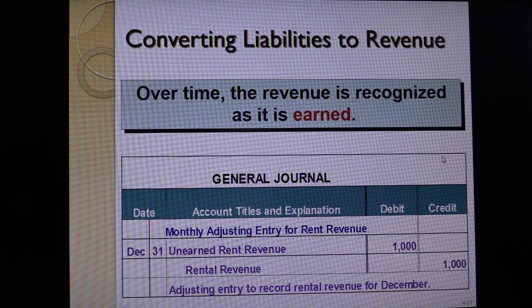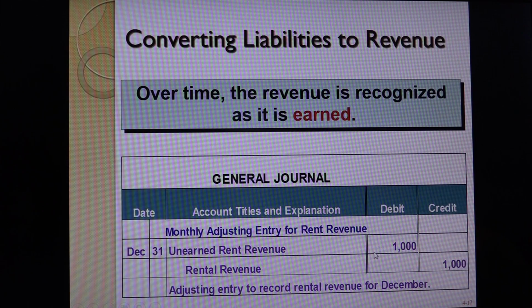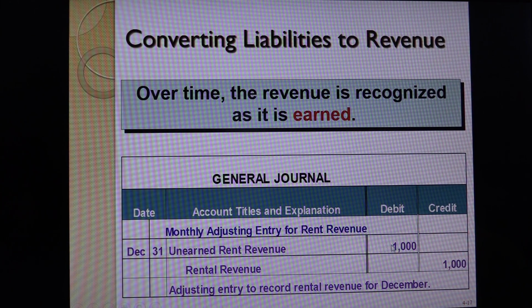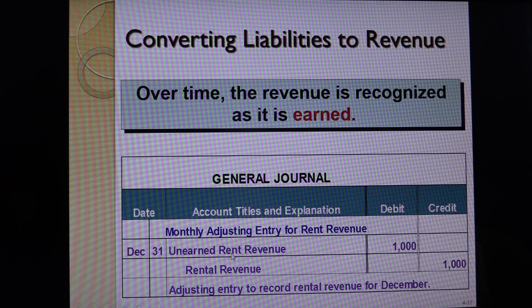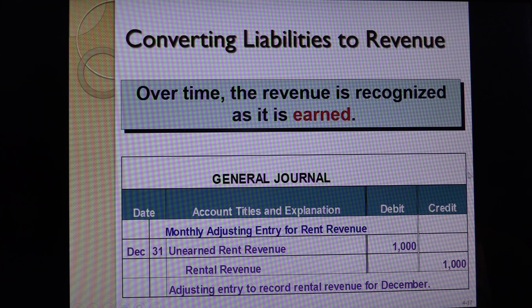And then at the end of December, when they've earned the rent revenue, they back it out of unearned revenue, 1/3 of it. They've earned 1 month's worth, right? So they back it out of unearned revenue, and they recognize the revenue as rental revenue.